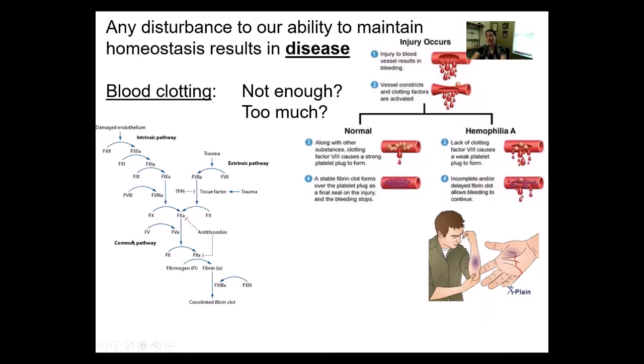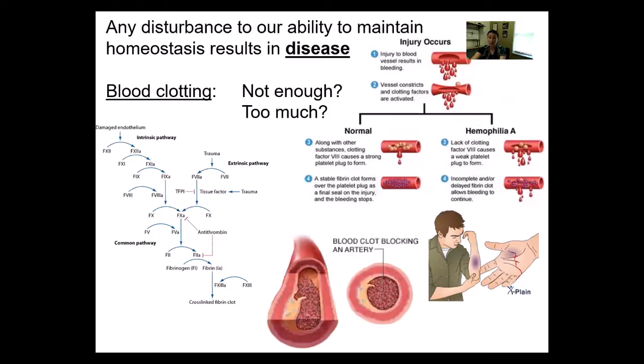Right. On the other hand, if you have too much clotting, right, this might be a little bit more familiar to all of us. If you have too much clotting, you start forming blood clots in your vessels, right? So for example, this here is atherosclerosis, a blood vessel with a fatty plaque due to genetics, due to cholesterol imbalance.